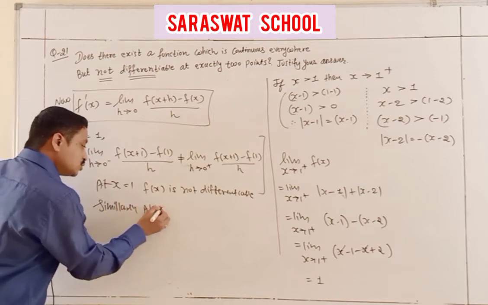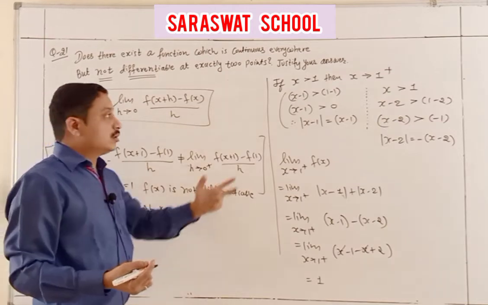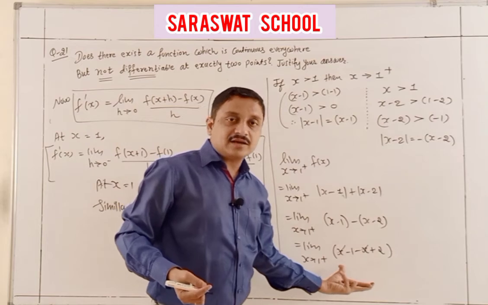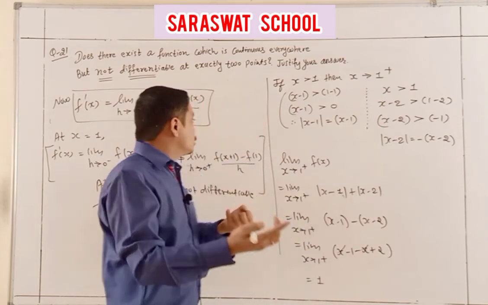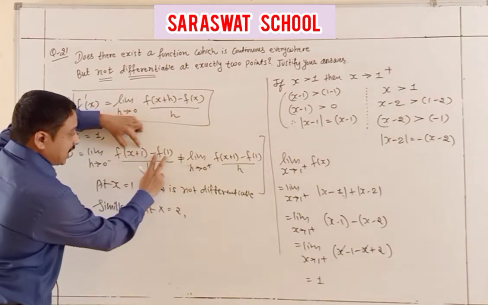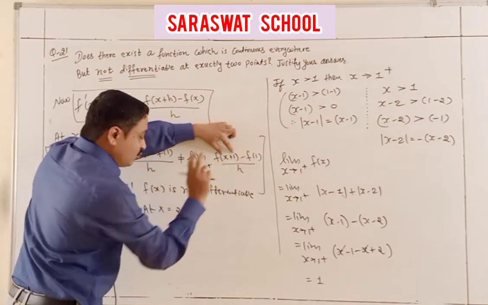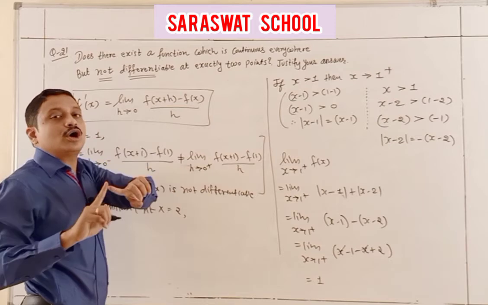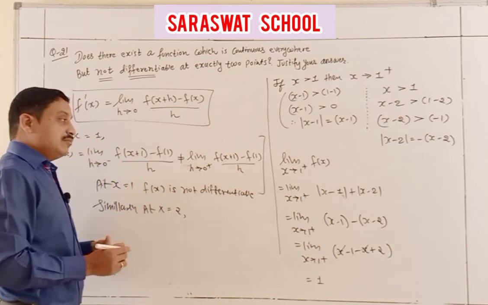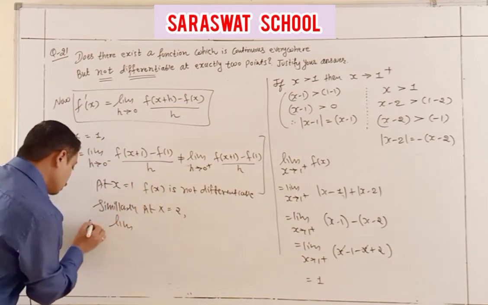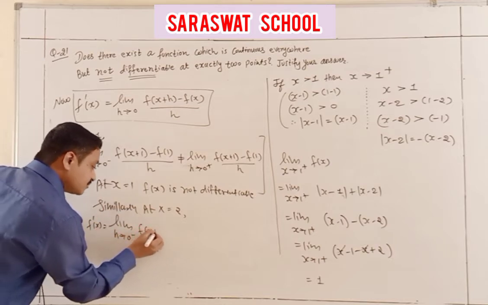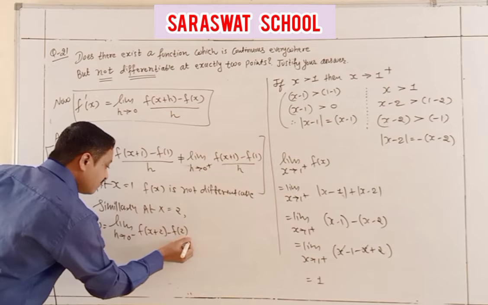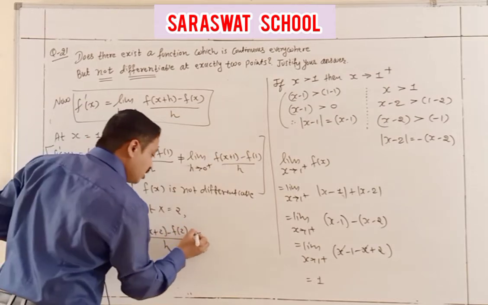And after that you write down similarly at x equal to 2. Continuity check: it is continuous. But at x equal to 2, f2 is also not differentiable. So similarly, I just show you directly here, limit h tends to 0 negative, f of 2 plus h minus f2 by h is not equal to the right hand limit.